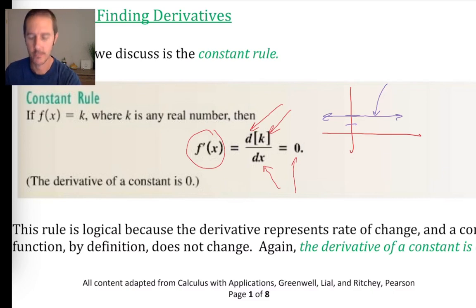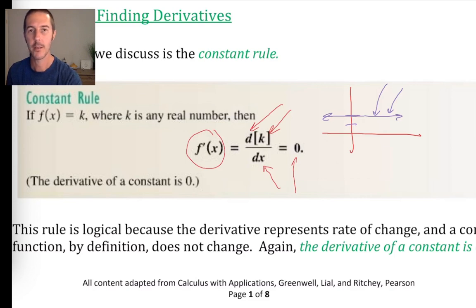I'd say it's 0. And what about the slope of the line here? What about the rate of change there? 0 again. If you pick any point on this horizontal line that has the equation y equals, or f of x equals 2, you'll find that the rate of change of y with respect to x, rise over run, the slope at any given point is equal to 0.